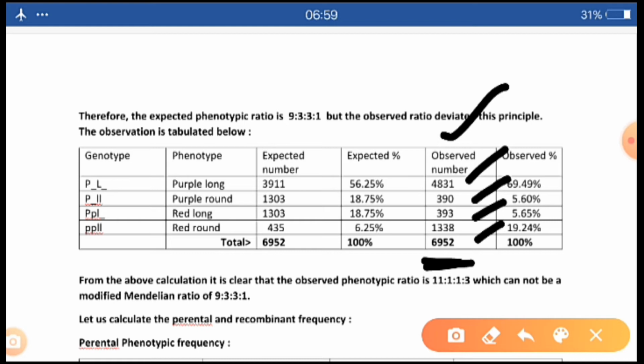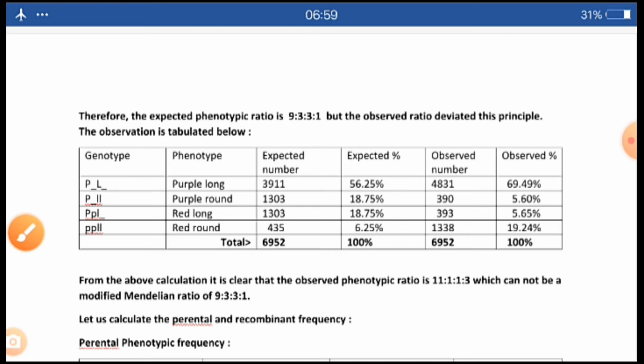So it is a huge difference between the expectation and the observation. It means that it is a deviation from Mendel's independent assortment.